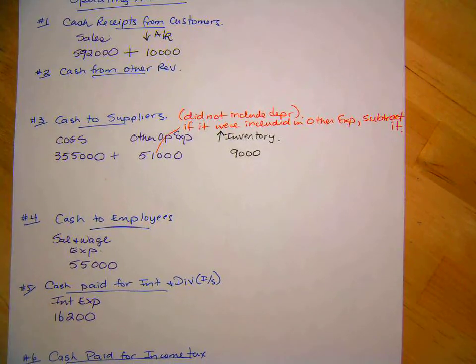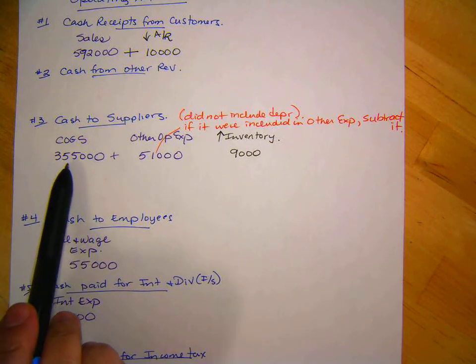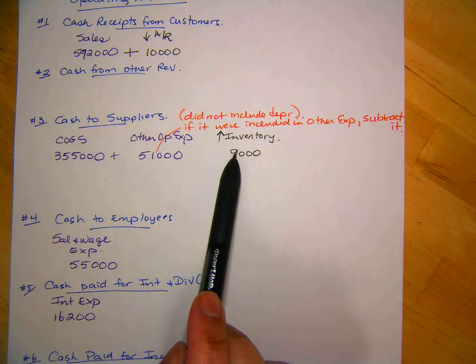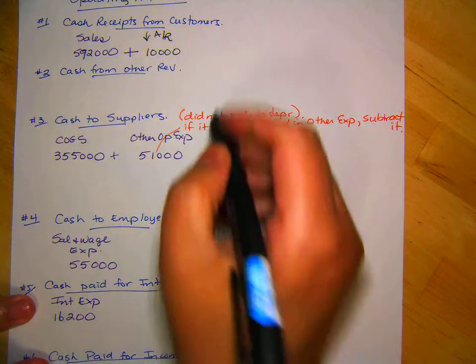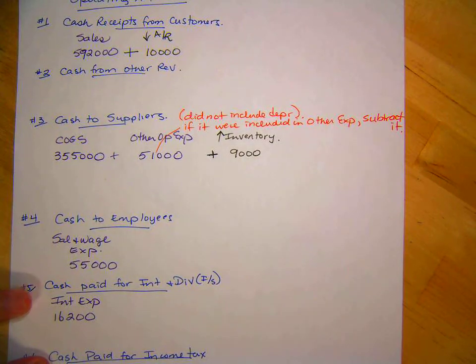So, if inventory went up by 9,000, not only did we buy or spend money on cost of goods sold, but we also stocked up on extra inventory. So that increases our costs going out, or the money going out. And again, look at the rules or reason it through. It's totally up to you.